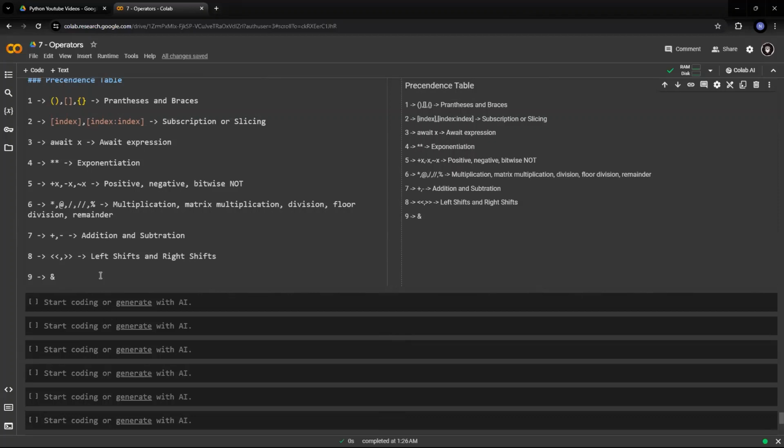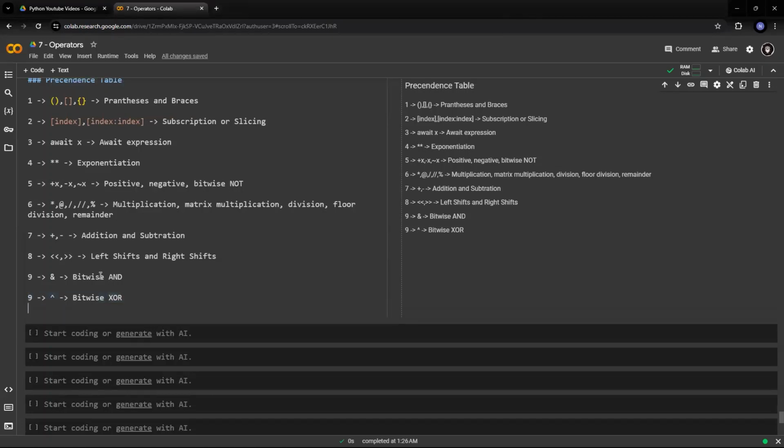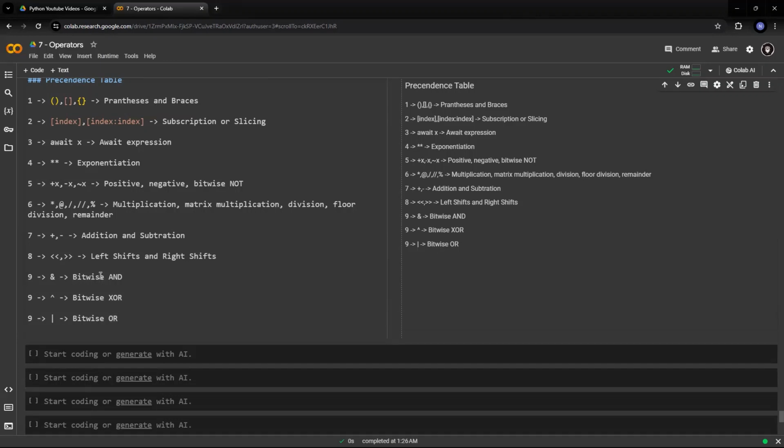So the next is bitwise AND. Then you have bitwise XOR, which we have seen just a few videos back, denoted by this sign. Then you have bitwise OR. Then we have comparison operators, in, not in, and identity operators.